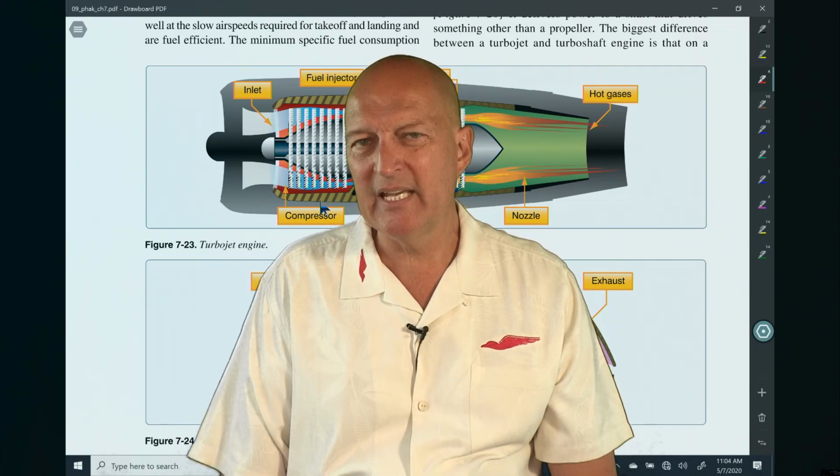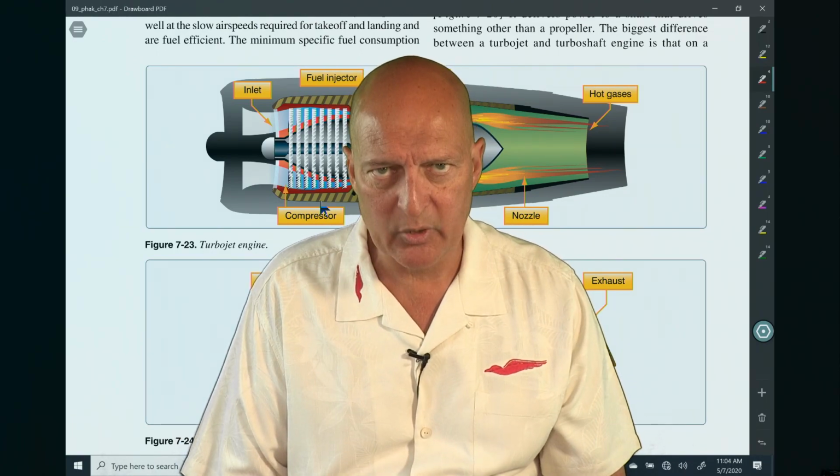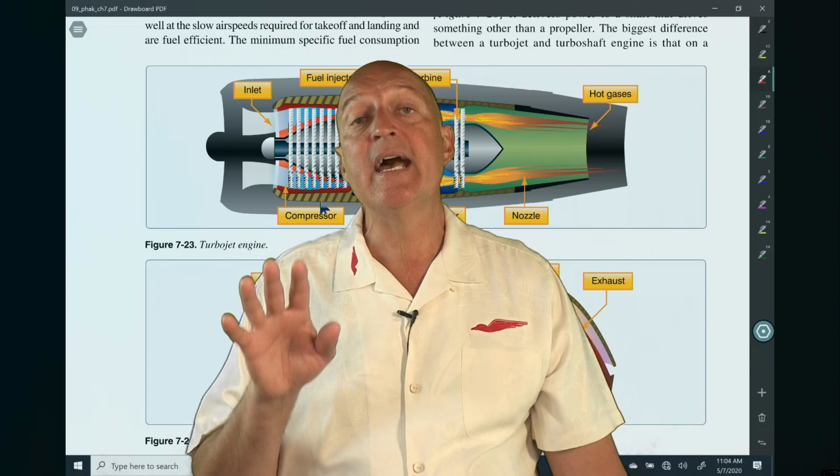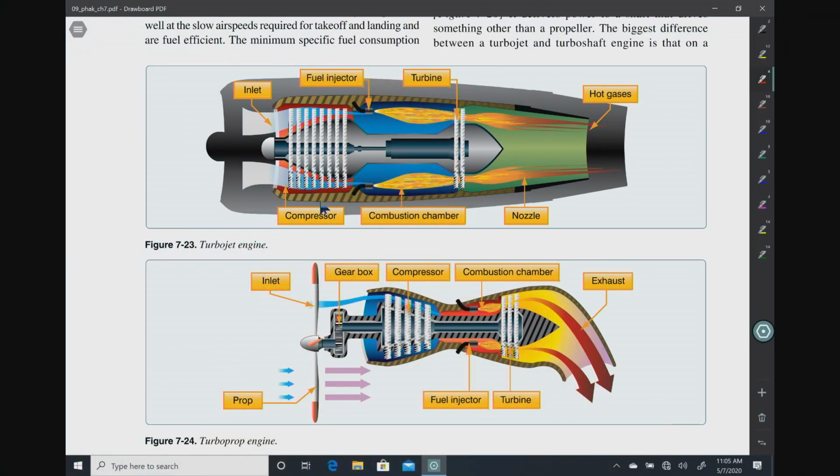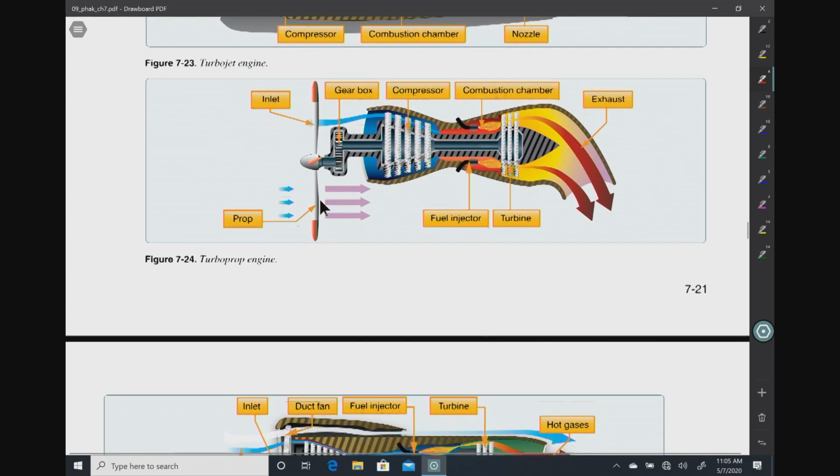That is generally how these work. Clearly, it's a little more complex than that. So you can have a turbojet engine like the one you see in figure 7-23, or you can have an engine that spins a prop. That is like a turboprop engine. So you basically have a jet engine that turns a propeller.